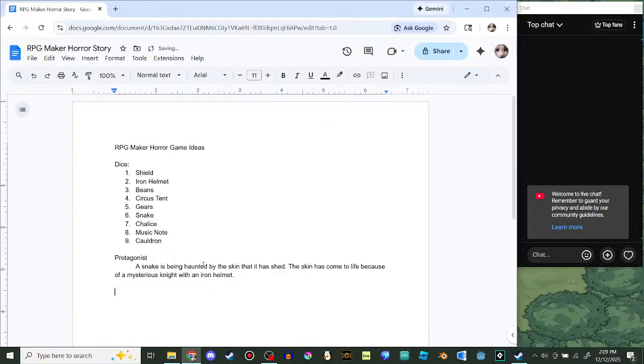Okay, so we have a protagonist. We don't know many things about the protagonist yet, but let's just move on. So we know that the antagonist is, let's make it an ethereal knight that wears an iron helmet.